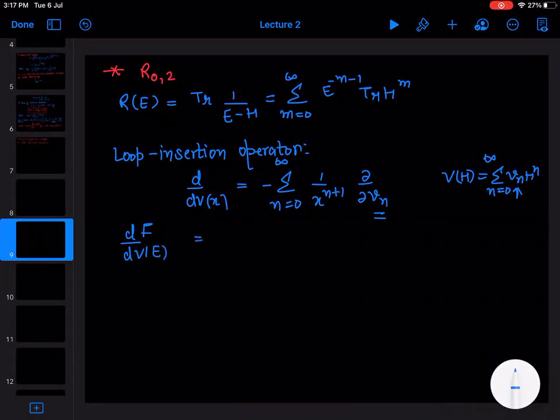So F is nothing but log Z. So we get 1 over Z, del Z over del V. Then we can use this expression.